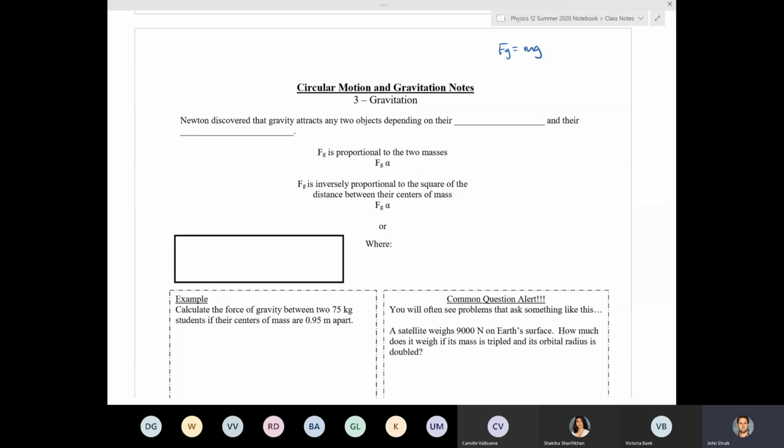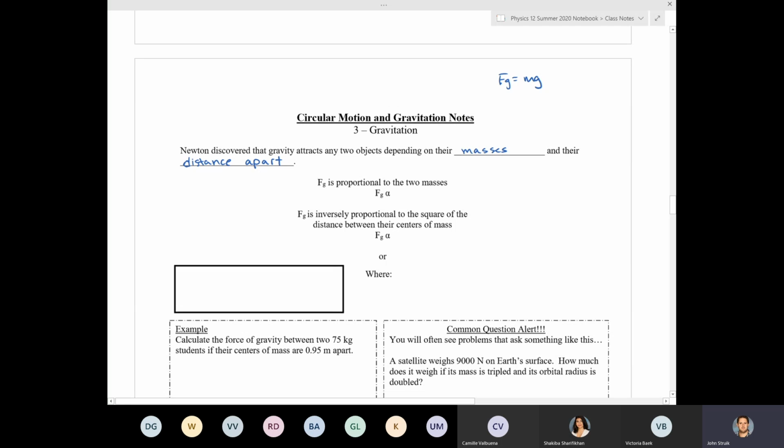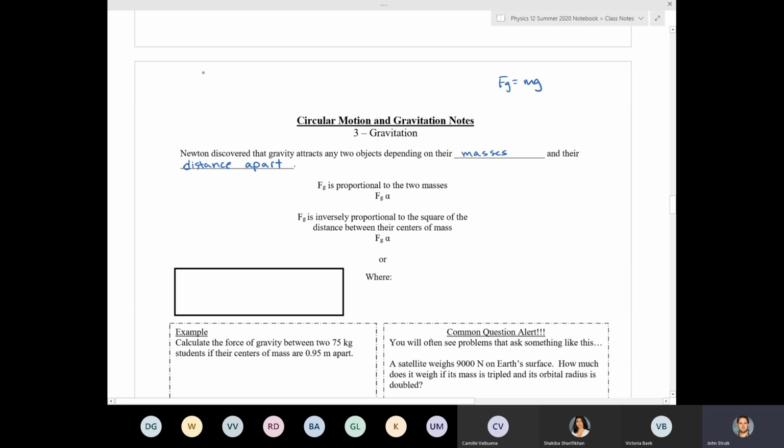So Newton discovered that gravity attracts any two objects depending on their masses and their distance apart. Even the value of g changes depending on where you are on Earth. The Earth is elongated in the middle, and I'm exaggerating it a lot.